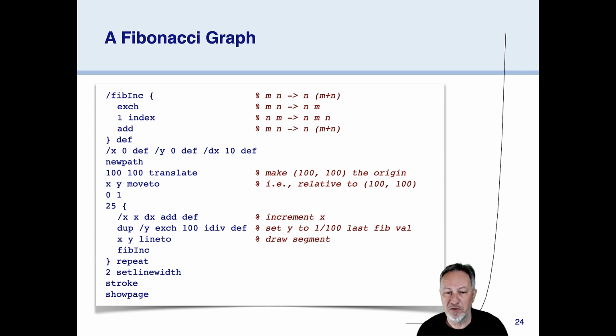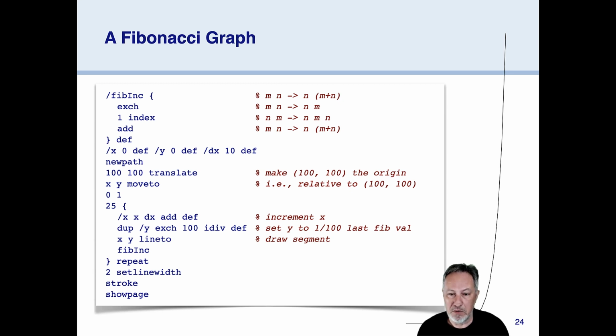Then we look up the value of x. Notice the difference between /x and x. /x leaves the literal name x on the stack. x looks up its current value. dx looks up the value of delta x. Now we add the two and we run def, which has the value of updating the value of x to the new incremented value.